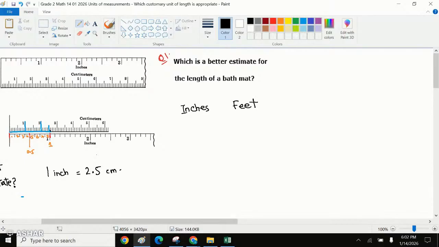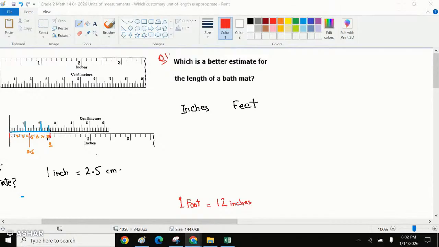We know that 1 foot is equal to 12 inches, right? That means we need to remember that a foot is greater than an inch. This is something we need to remember. A foot is always greater than an inch, right?